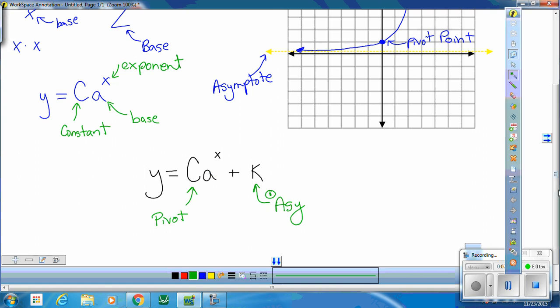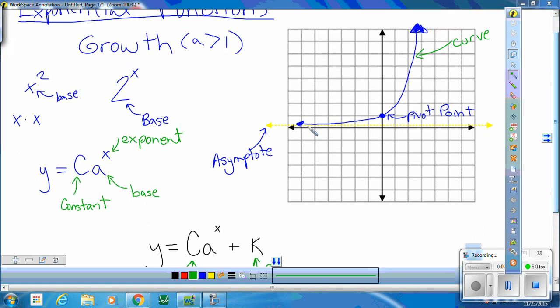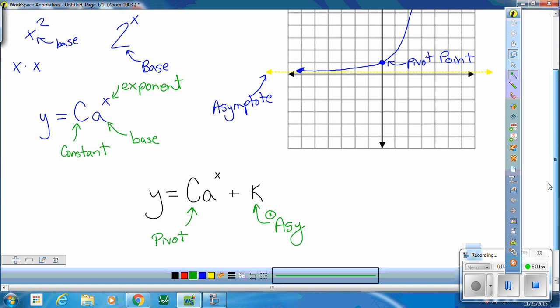And then if it's exponential growth, we know our curve is going up. And so A, the base, is always going to tell us whether we are dealing with growth or decay. Tomorrow we'll do some graphing with decay, but today we're just going to be focused on growth. So really we need to know our asymptote and our pivot point, and then we can draw our curve.